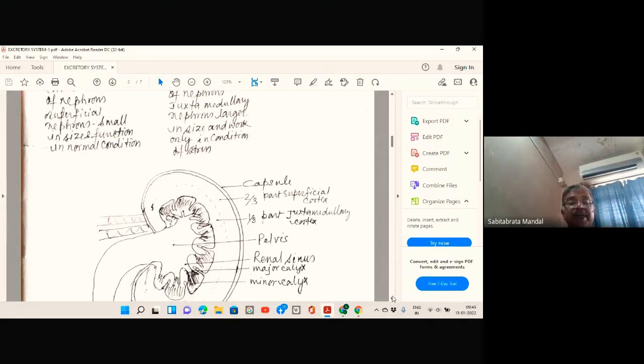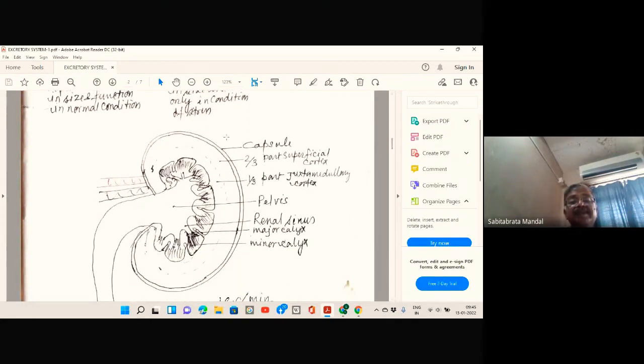Now here I am showing the diagram. This is the outermost covering of connective tissue, called the capsule. Then you will find the 2/3 portion, that is superficial cortex. Then 1/3 portion, this is the juxtamedullary cortex. After this, this part is known as medulla. Now, in this medulla, you will find the pyramids are present.